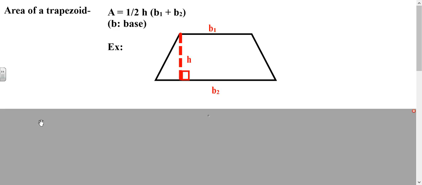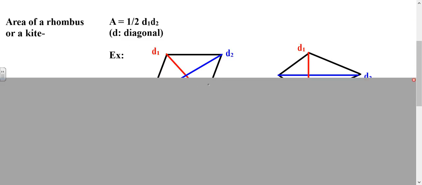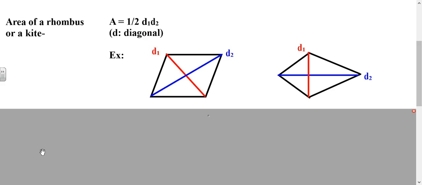Okay, so then go ahead and switch over to the rhombus tab. And actually, a rhombus and a kite have the same exact area formulas, and that is 1/2 times diagonal 1 times diagonal 2. So D stands for diagonal.